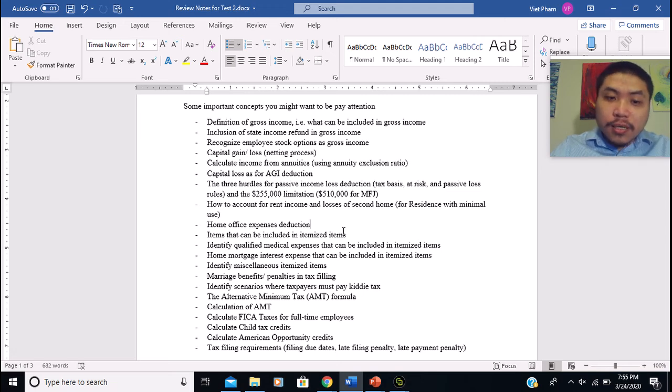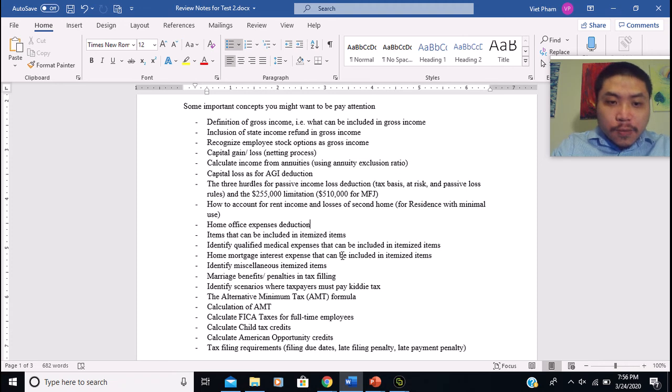All right. And then make sure that you know how to identify the qualified medical expense, which is one of the major components of itemized deductions, right? But not all medical expense can be included under itemized deductions, so make sure you know which items specifically can be included.